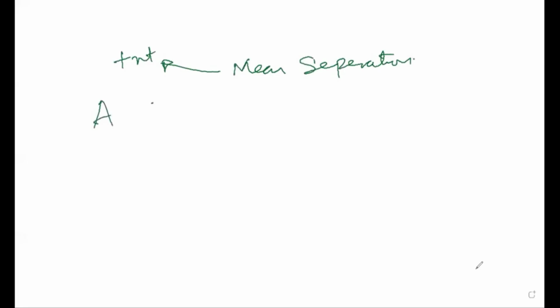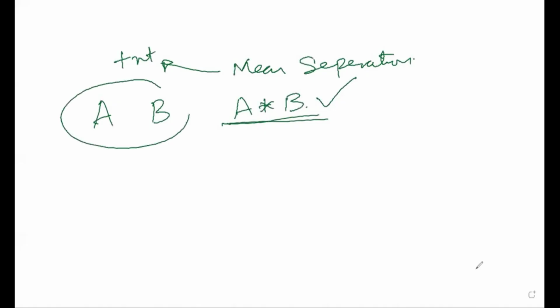One is A, the other one is B. The third one is the interaction. In our example, we found the interaction is there, so we don't want to go back to look at whether main effects are there. That is the most important. Once the interaction is there, we will have to do mean separation.